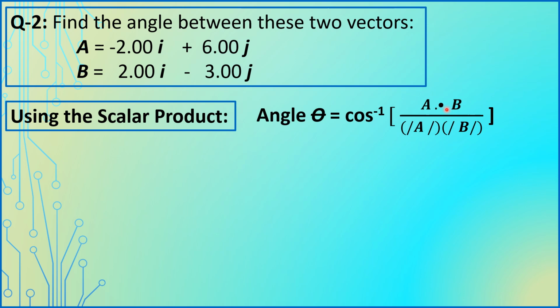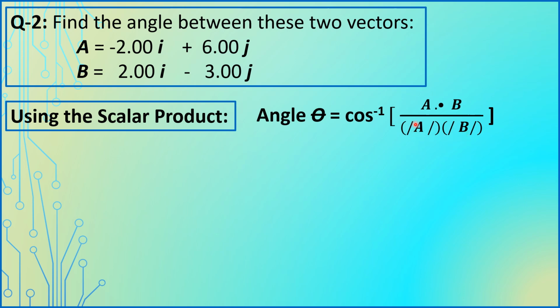And that is to be divided by the product of the magnitudes of the two vectors. So for vector A, we use this symbol for the magnitude.